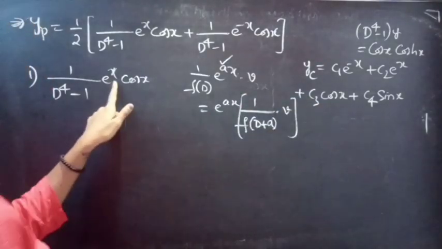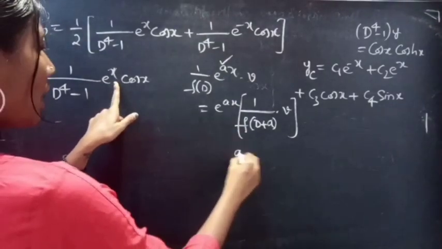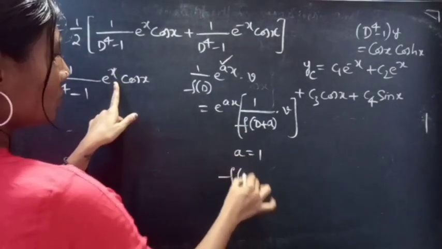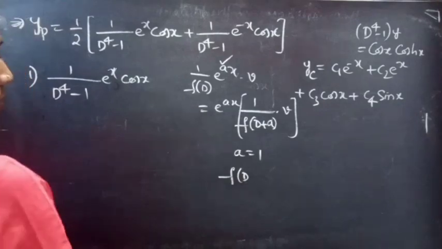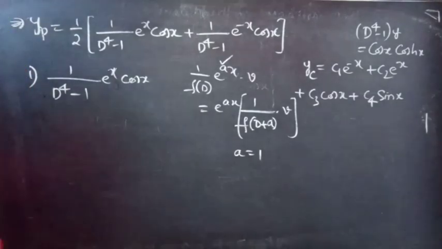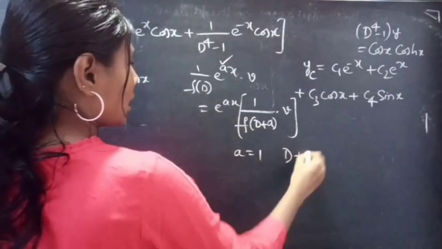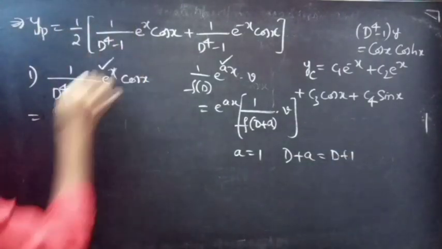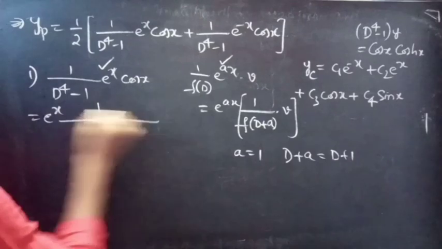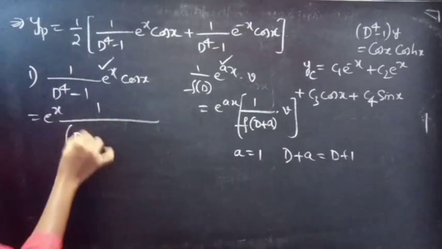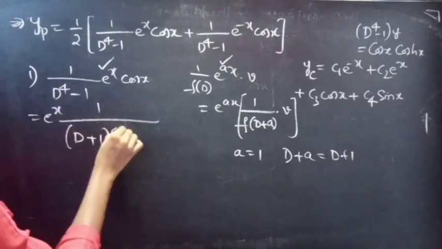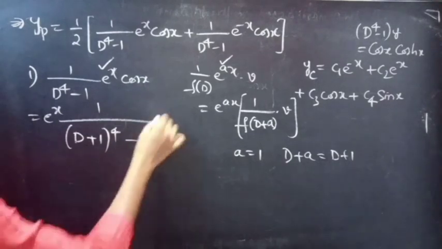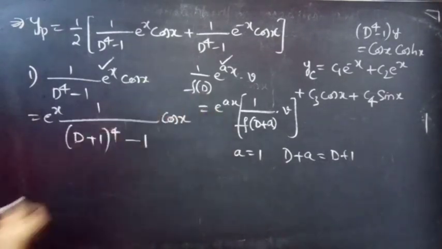Now compare e power x with e power ax, and for a equals 1, we'll find f of d plus a. Firstly we need d plus a, which equals d plus 1. Now let's shift e power x towards the left by replacing d with d plus 1. We'll get 1 by d plus 1 whole power 4 minus 1 into cos x.